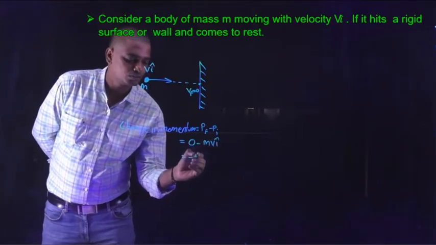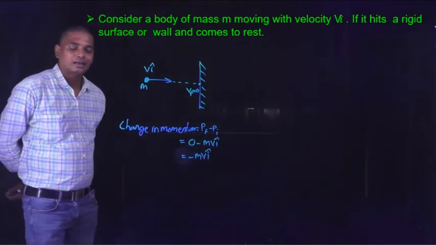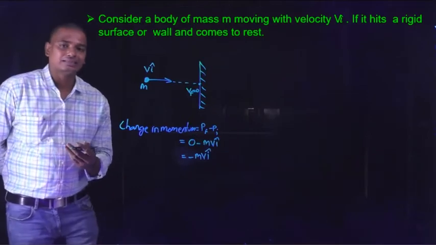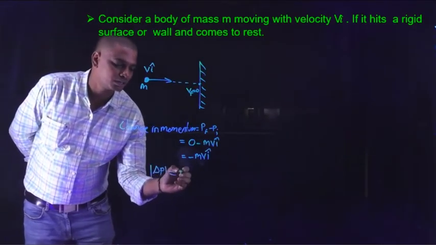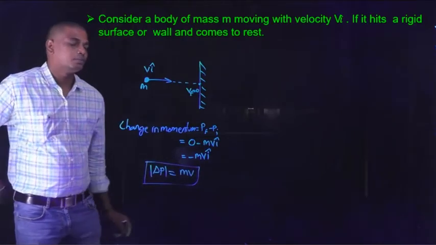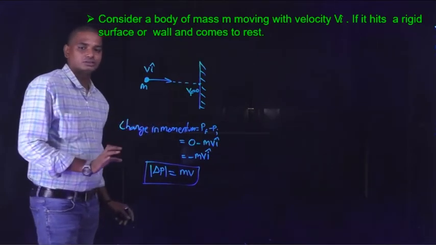That is equal to minus m v i cap. Here minus i cap means the change in momentum is in the negative x-axis. So the magnitude of the change in momentum delta P is equal to m into v, if the ball hits the wall and comes to rest.